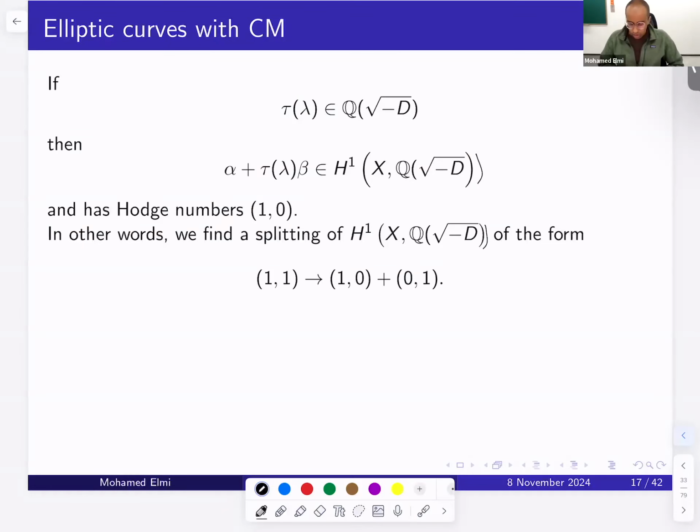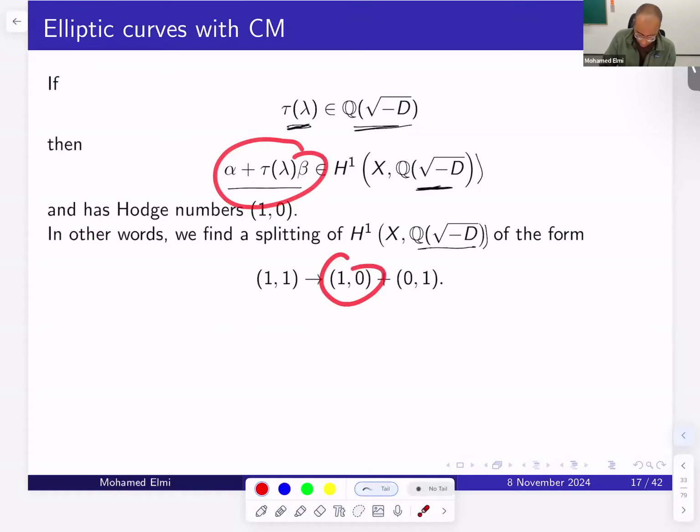Okay, so suppose we found such a lambda where tau is valued in this field extension. At these points, we have a splitting over an extension of Q. We have a cohomology class with coefficients in this extension with very specific Hodge numbers.